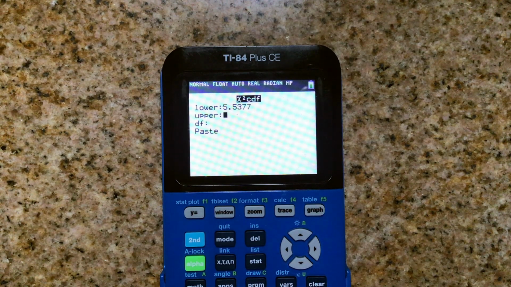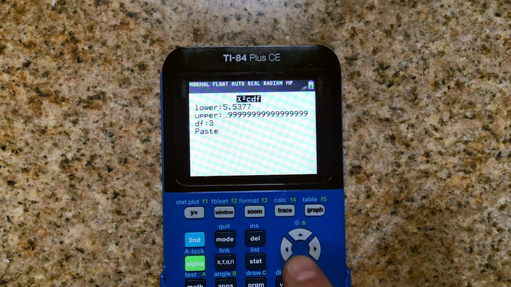It's always a right tail distribution, so we're just going to go out as far as possible. We're going to go nines until you're just tired of pressing nines. Degrees of freedom. So in this case, as we just discussed, the degrees of freedom is the number of subcategories, options within your category. Well, there were 4 stalls. We're going to go minus 1, so it's going to be a degrees of freedom of 3. We're going to hit paste.